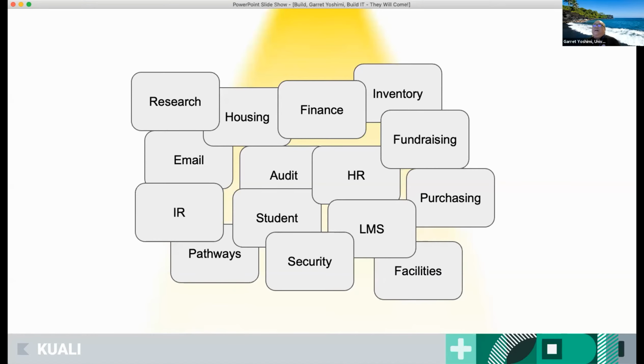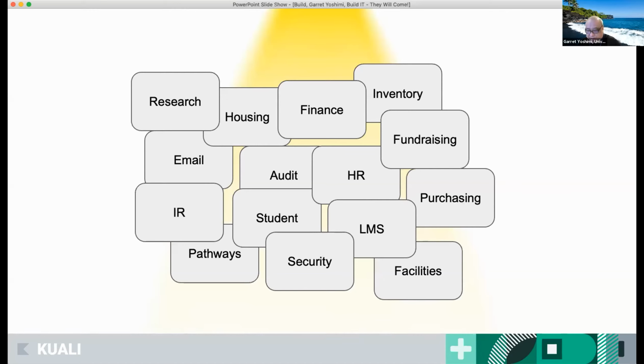Let me describe central IT starting this way. We do all of the enterprise systems. Basically anything that touches any and all of our students, faculty, staff and researchers across the system are the systems and infrastructure that my organization supports. So all of the classic finance, HR, LMS, student system.